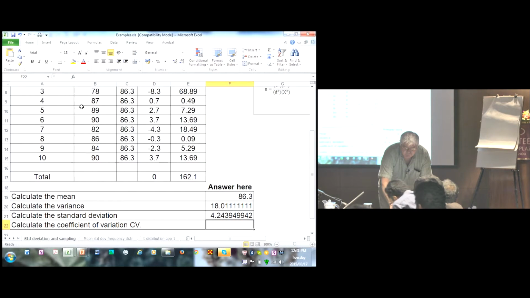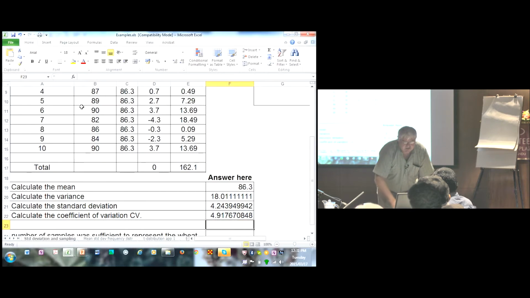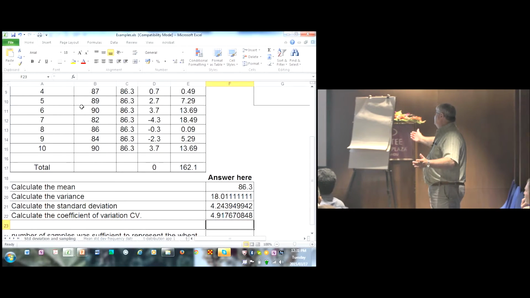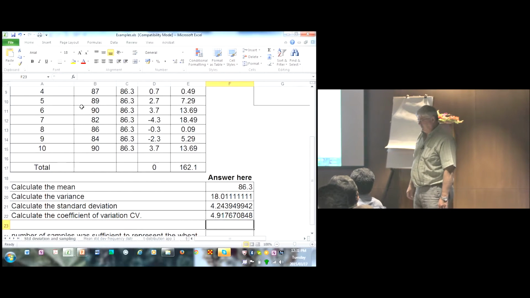Coefficient of variation is very simply standard deviation divided by the mean, which was 86.3, times 100. Hopefully I did the formula correctly. And the coefficient of variation is 5%, or very close to 5%.